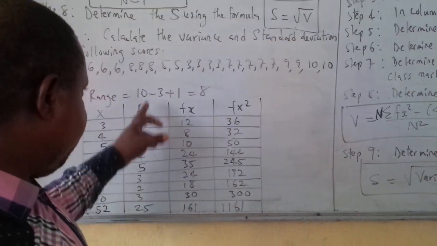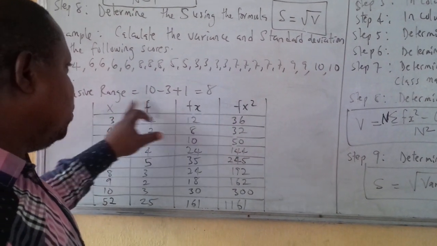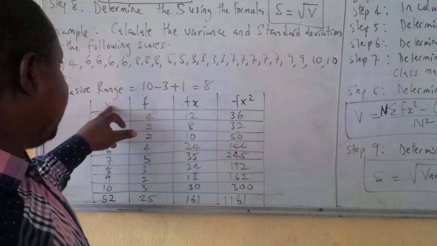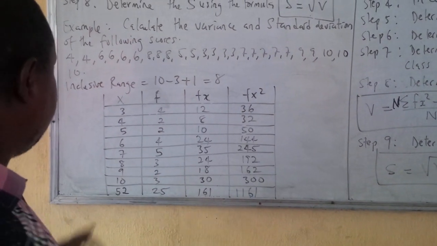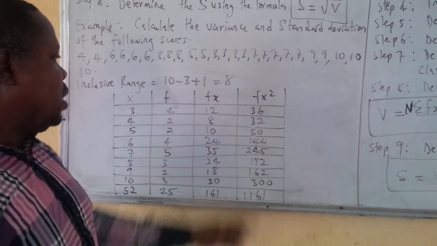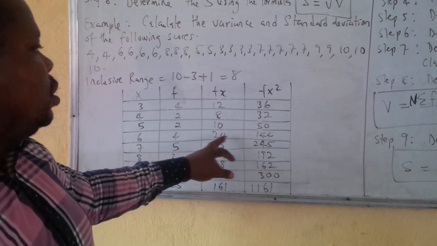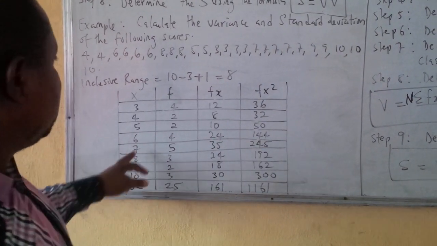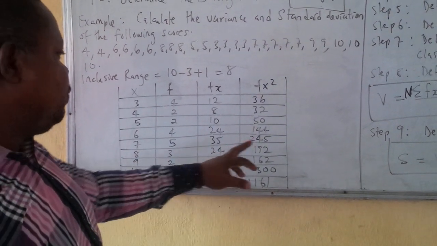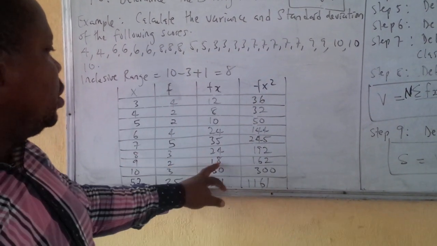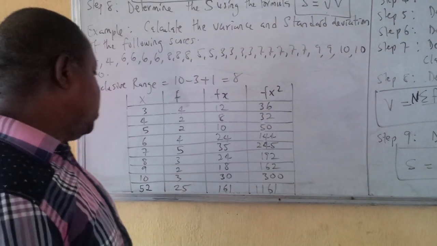Now, to obtain the last column, you multiply x again by fx. Please, not f again. X and fx. X, that's the first column, and the third column. 3 times 12 will give you 36. 4 times 8 will give you 32. 5 times 10, 50. 6 times 24 will give you 144. 7 times 35 will give you 245. 8 times 24, 192. 9 times 18 will give you 162. 10 times 30 will give you 300.